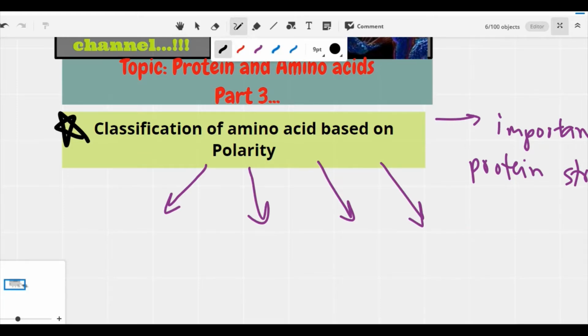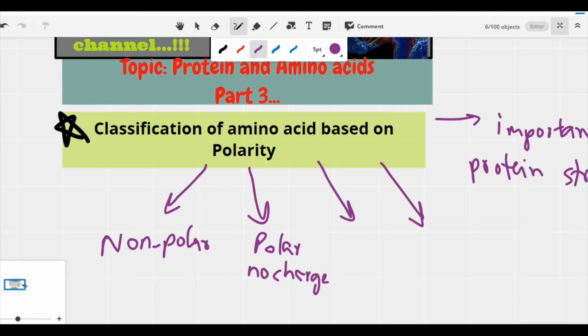The first one, as you know, the common group, is non-polar. The second one is polar but with no charge, the amino acids with no charge on the R group.